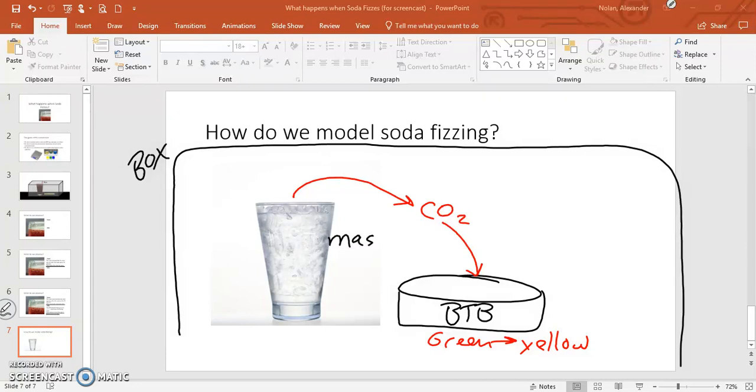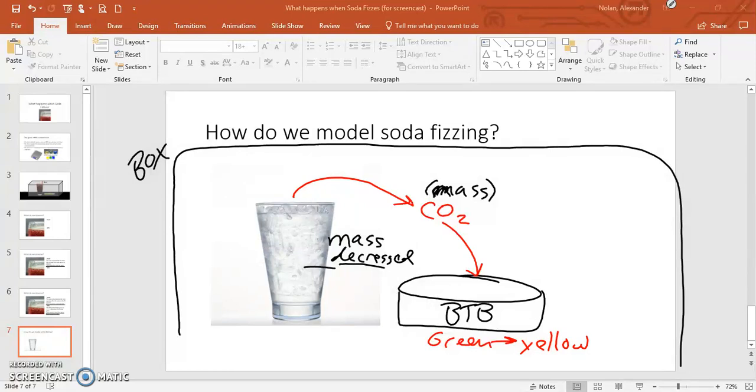The mass decreased. And so it's reasonable to say that some of that mass was probably CO2. So some of that mass was lost because CO2 came out of the soda, and as a result, that soda actually lost mass.